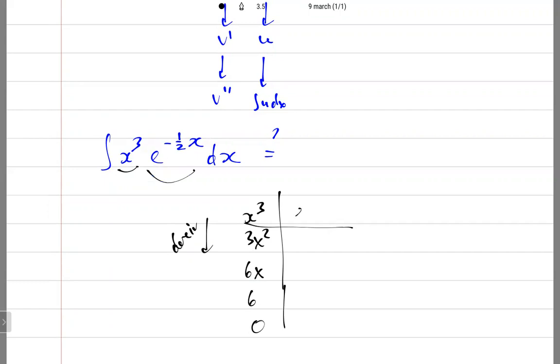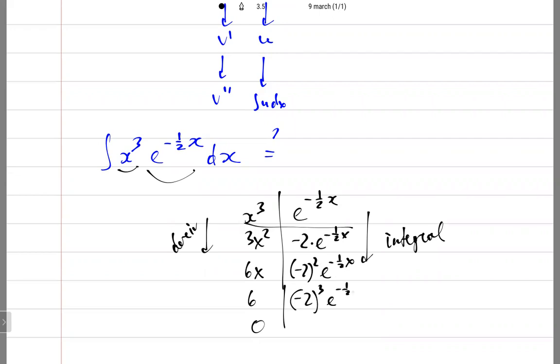And for exponent of minus 1/2 x, I take the antiderivative. It will be minus 2 times exponent minus 1/2 x. Then minus 2 squared exponent minus 1/2 x, minus 2 cubed exponent minus 1/2 x, and minus 2 to the power 4 exponent minus 1/2 x. Okay, the table is clear.